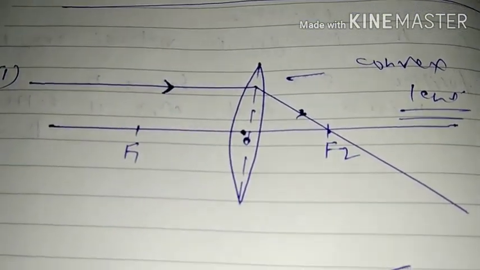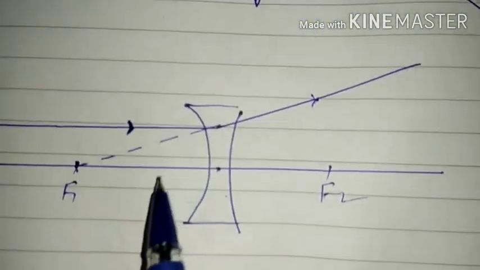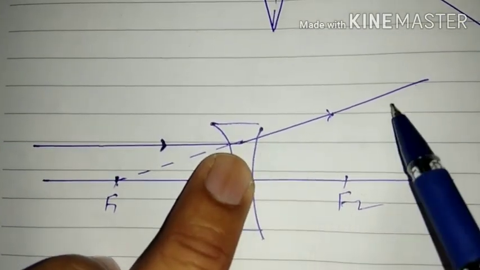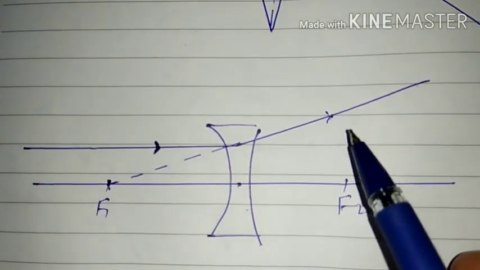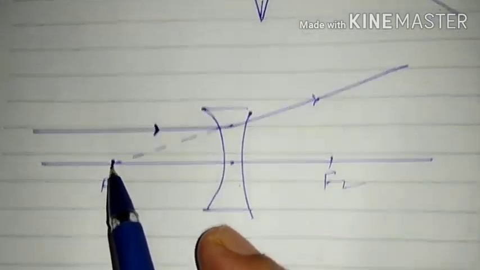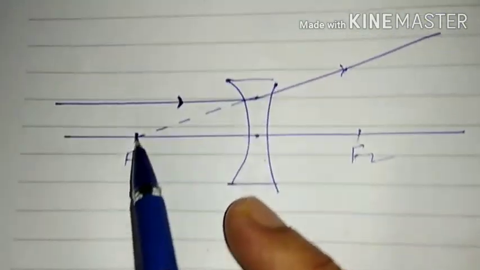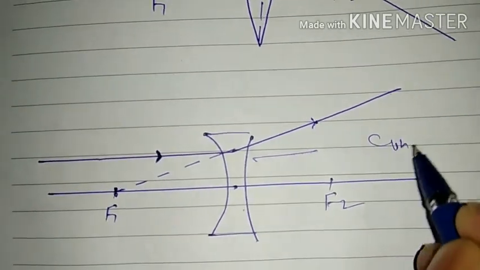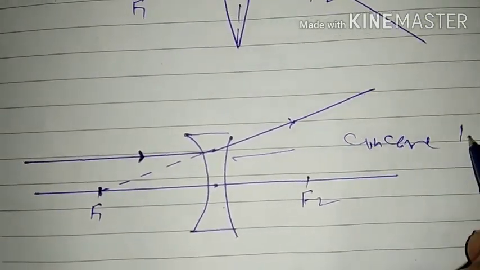But in the case of concave lens, rays of light parallel to the principal axis after refraction diverge in such a way that it appears to come out from a point, and this point is called here focus. So this lens is here concave lens.